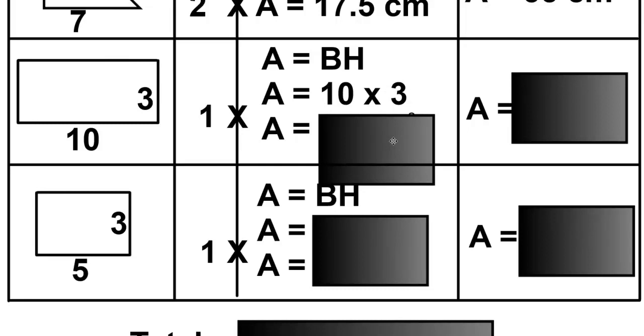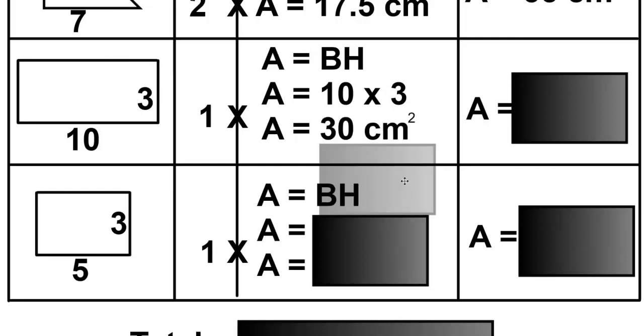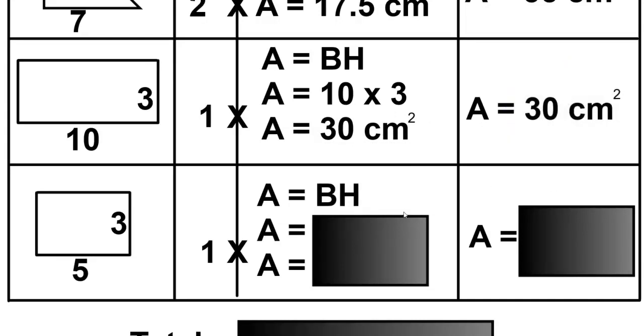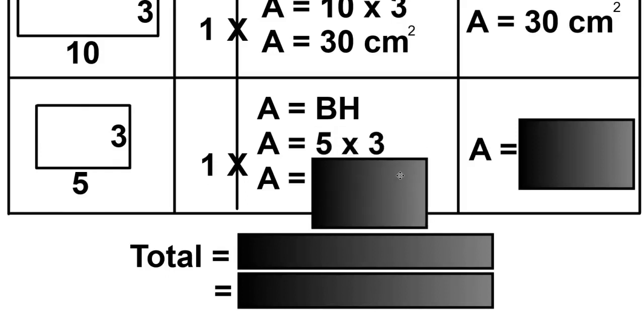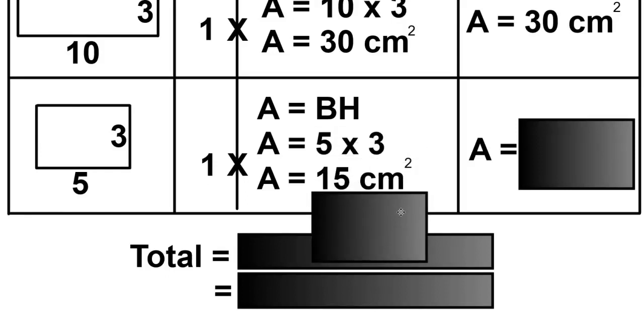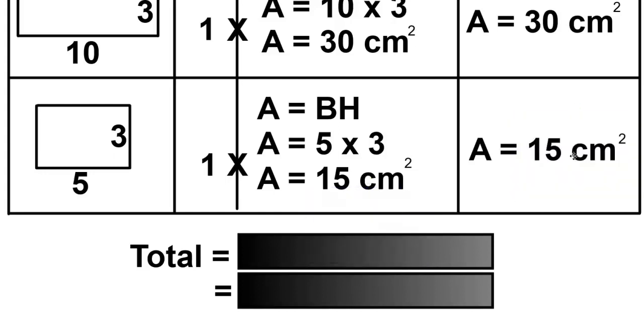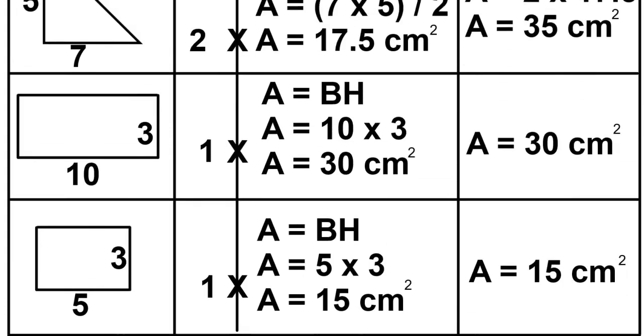Area is equal to 10 times 3, so the area will equal 30 centimeters squared. There's only one of them, so we'll keep it the same, 30 centimeters squared. And the last rectangle, area equals base times height. Area equals 5 times 3, so the area will equal 15 centimeters squared. Again, there's only one of them, so we'll leave it as is.